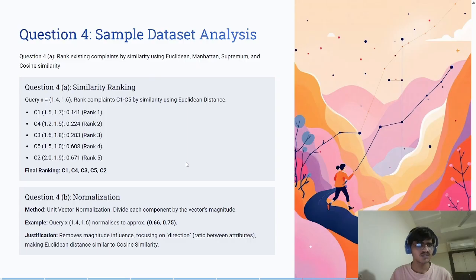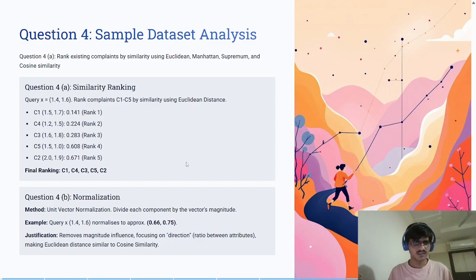Now, looking at the question, it is quite easy to compute the similarity ranking. Rank complaints C1 to C5 by similarity using Euclidean distance. As you can see, the final ranking comes out to be C1, C4, C3, C5, and C2. Then the B part of this question, normalization.